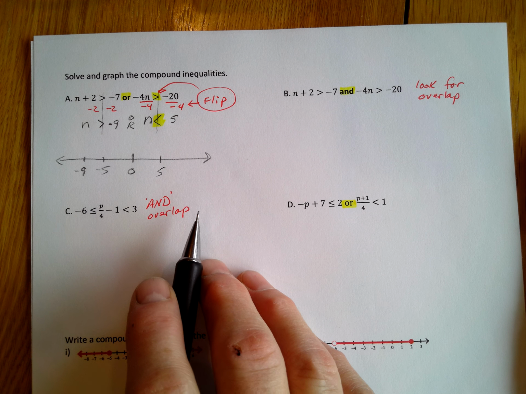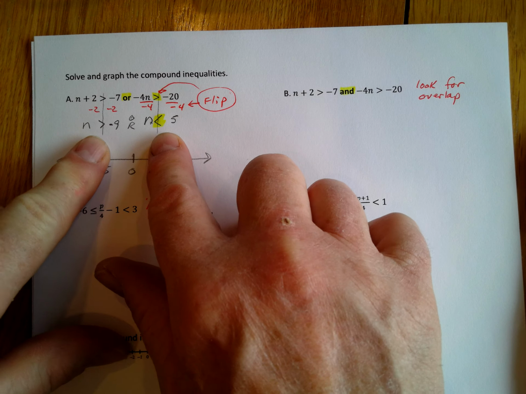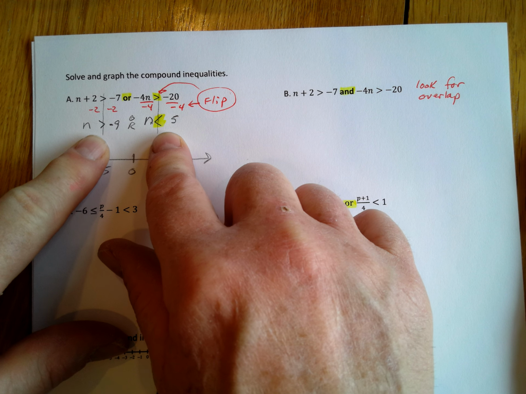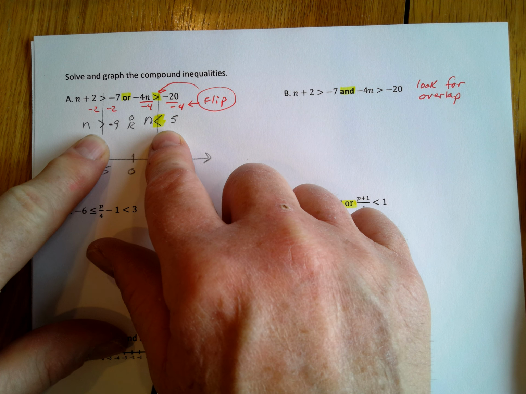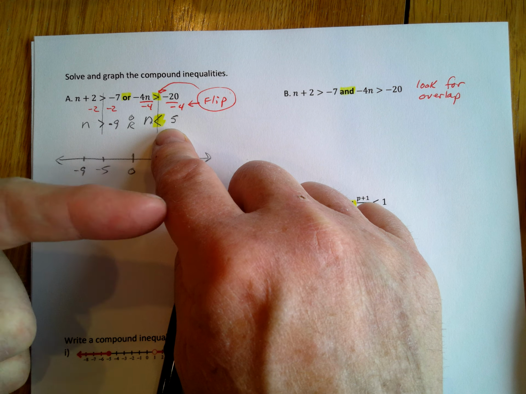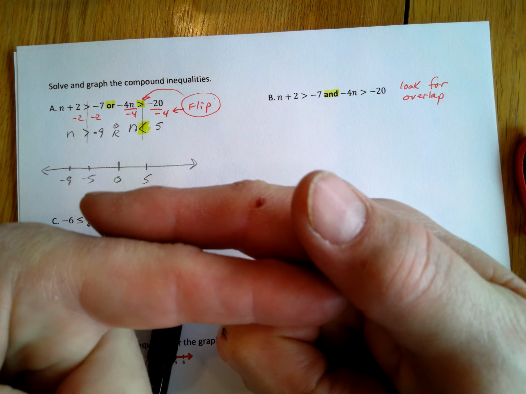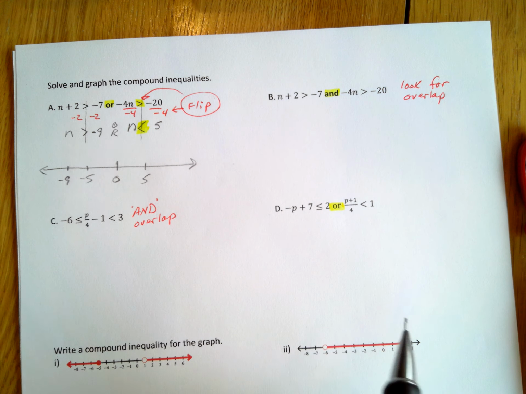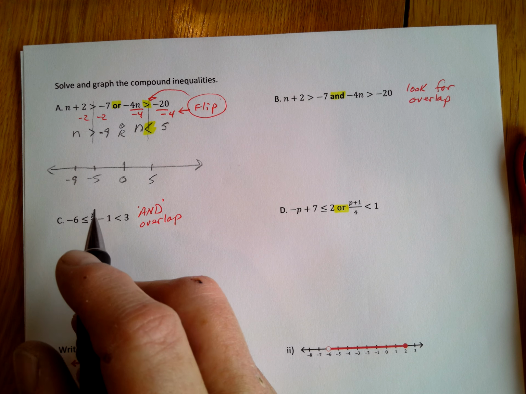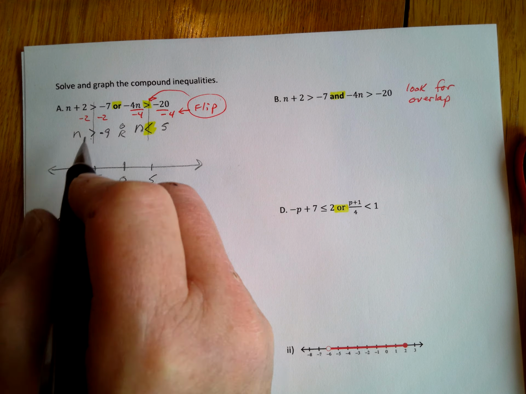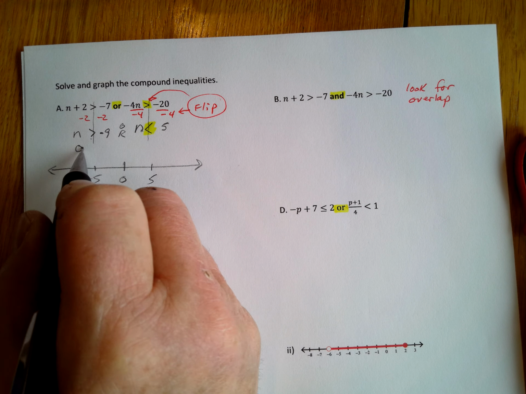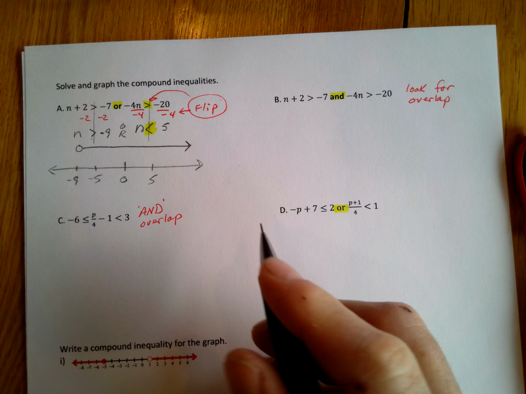Okay, so if you look at these two inequalities on the or, one's pointing to the right and one's pointing to the left, which means one of my arrows is going that way and the other arrow is going that way. There's going to be overlap. So what I'm going to do for graphing is, this is an open circle, so I'm going to put an open circle here. I'm going to make my arrow that way.